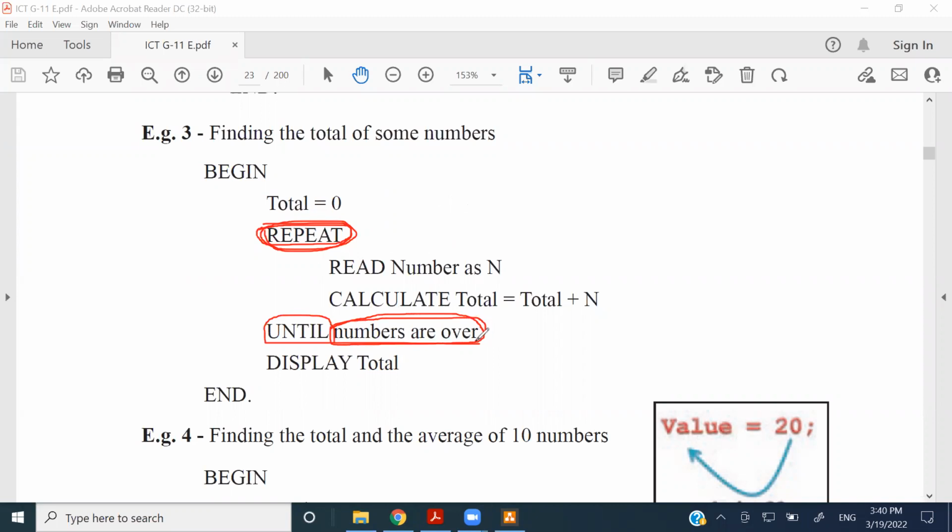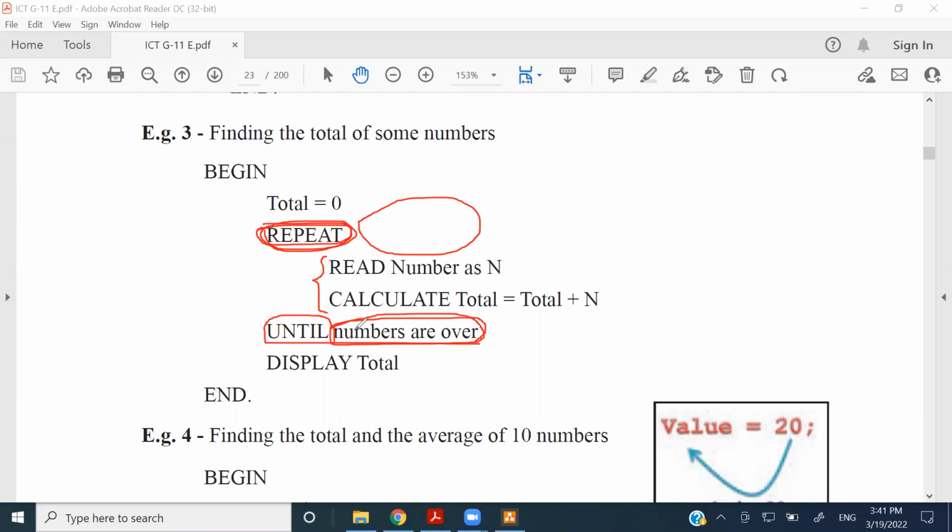So that is the first difference. And the next important difference is, in the while condition, what is written over here should be true to execute these two statements, the statements that you can find inside the while loop.